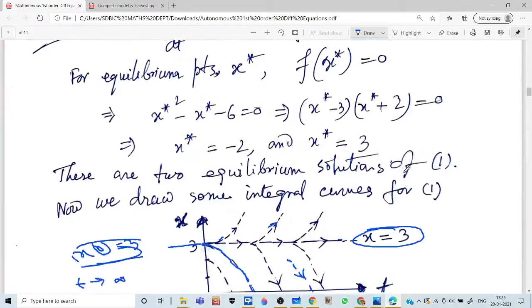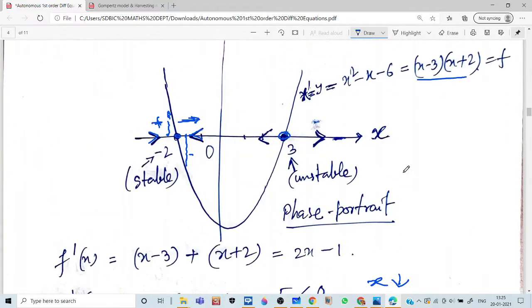So on the left-hand side of 3, the sign is negative, because f(x) is downwards, and on the right-hand side of 3, f(x) is positive, since f(x) is upwards.